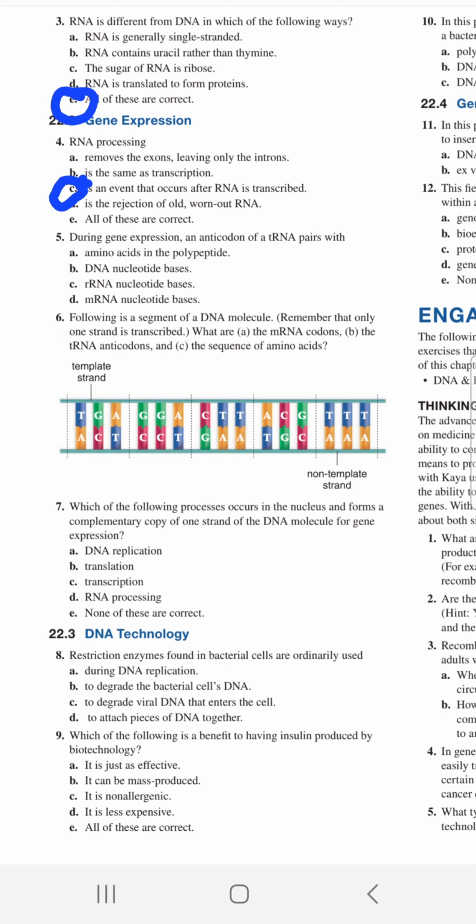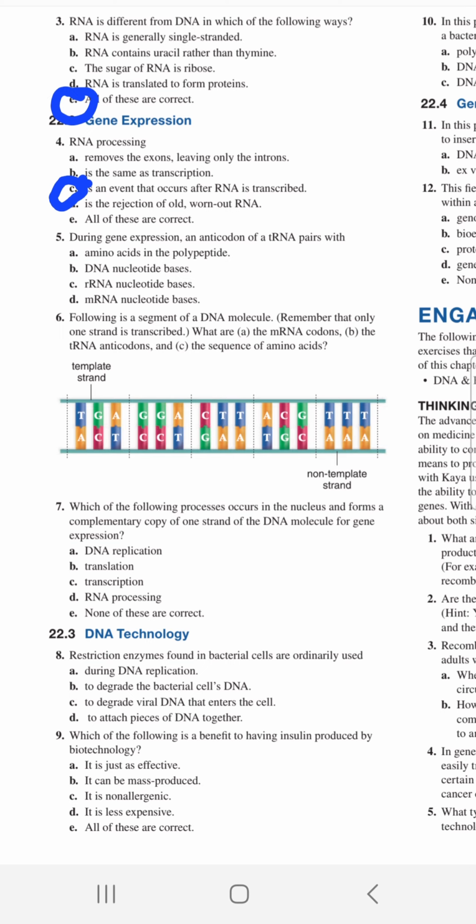The top part of the tRNA is attached to an amino acid, but the anticodon, the bottom part, will form hydrogen bonds with the complementary bases of the mRNA.